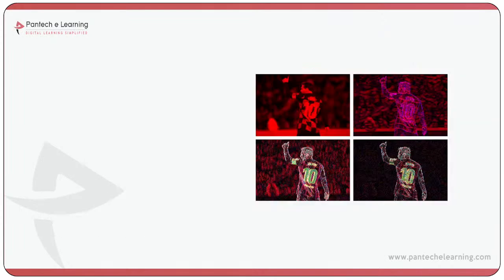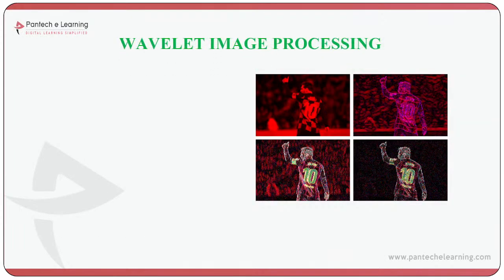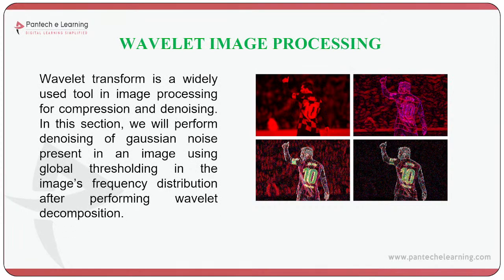Next is wavelet image processing. What is wavelet image processing? It is a technique used to analyze and process transformed digital images. First of all, we have to analyze the image before processing it. So first we analyze the image, and after that we process and transform the digital image.